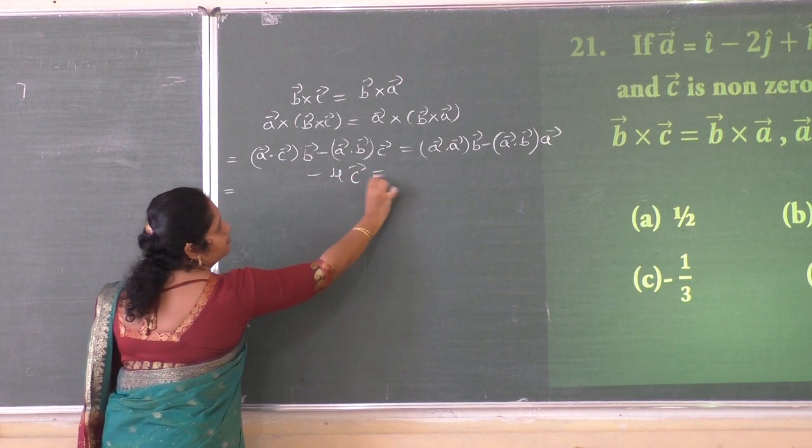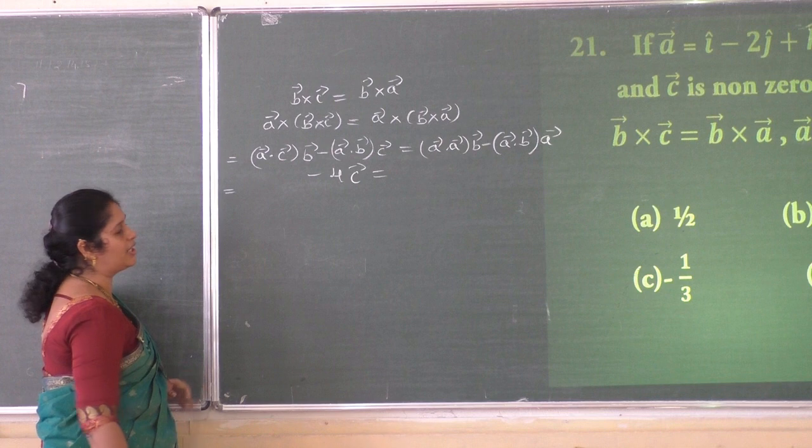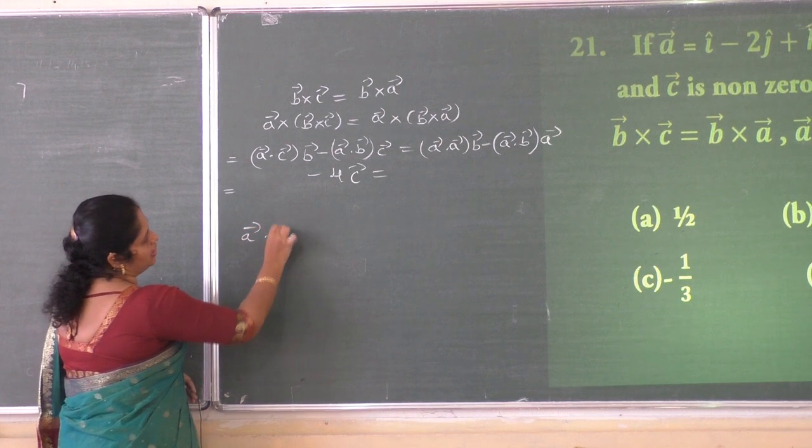So minus 4 vector C is equal to vector A dot vector A. What is vector A dot vector A?